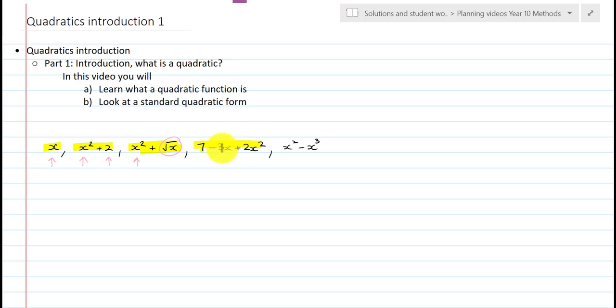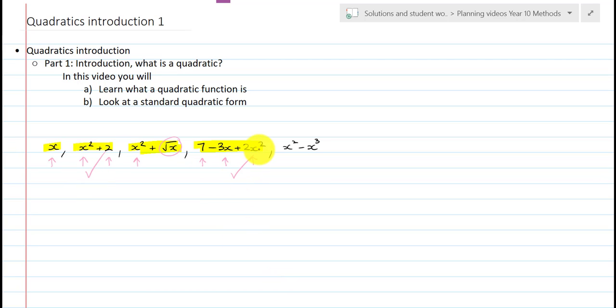Next, 7 minus 3x plus 2x squared has a leading term of 2x squared. It's not at the front of the expression, but it is the highest power, and it doesn't matter where it comes, that's the highest power. It has a linear term and it has a constant term, both of which fit within our polynomial grouping, so this is a quadratic.